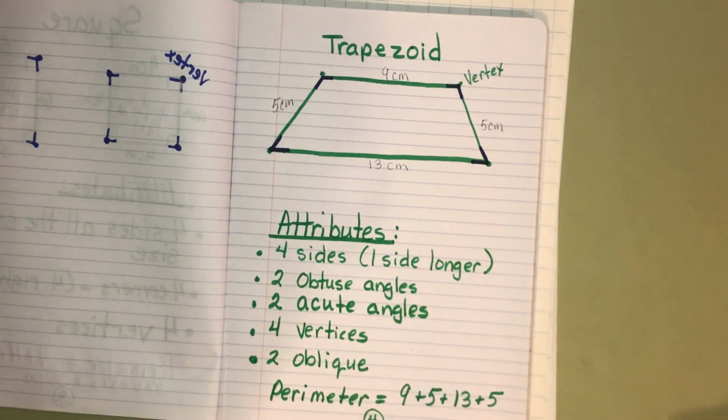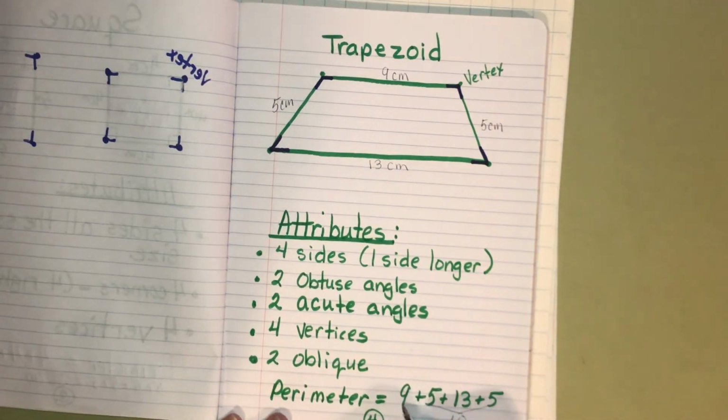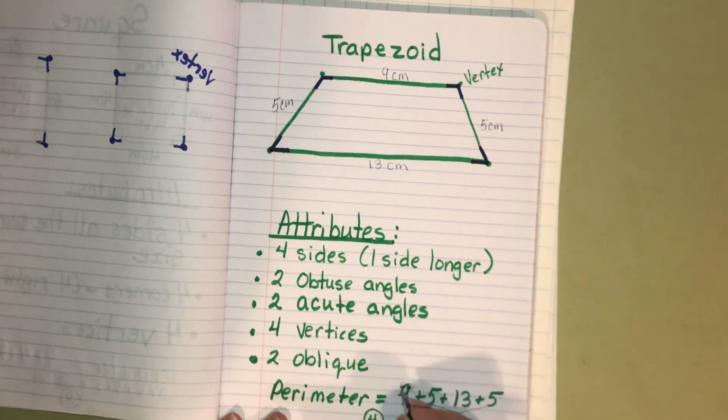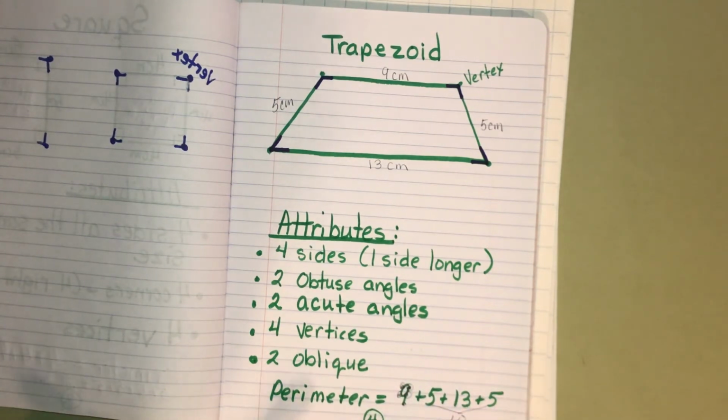Okay? And because we've got some big numbers, I'm going to use touch math to figure that out. So I'm going to start with these two numbers right here. 5 plus 5 equals 10. 13 plus 10 would be 23. 23 plus 9, to use touch math, we say 23, and then 24, 25, 26, 27, 28, 29, 30, 31, 32, that's 1, 2, 3, 4, 5, 6, 7, 8, 9. 32 centimeters.